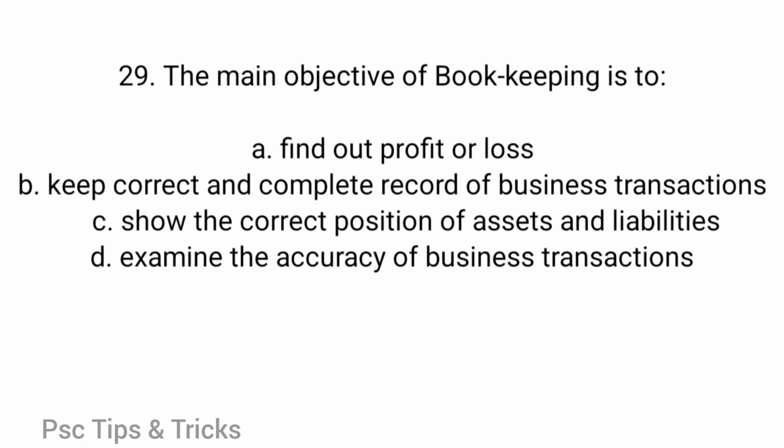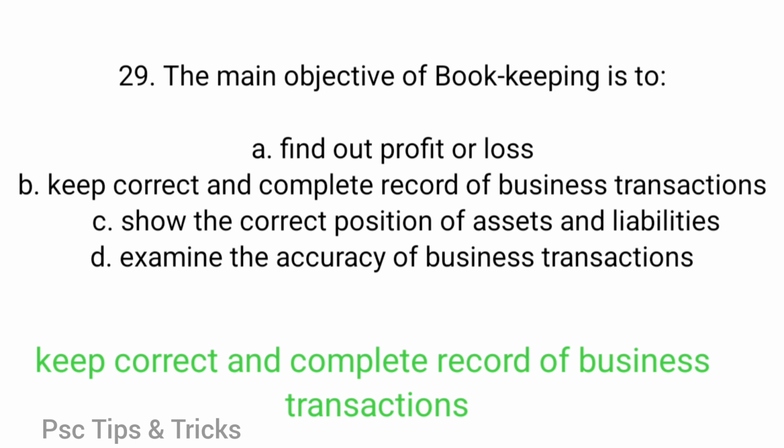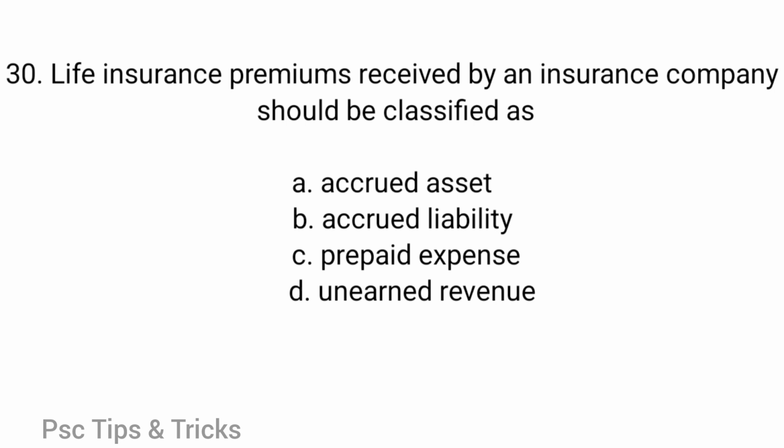The main objective of bookkeeping is to: options: find out profit or loss, keep correct and complete record of business transactions, show the correct position of assets and liabilities, examine the accuracy of business transactions. Keep correct and complete record of business transactions. Life insurance premiums received by an insurance company should be classified as accrued asset, accrued liability, prepaid expense, unearned revenue.